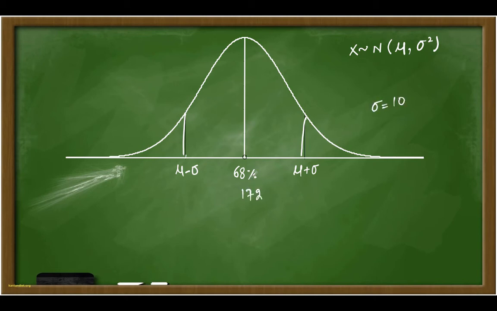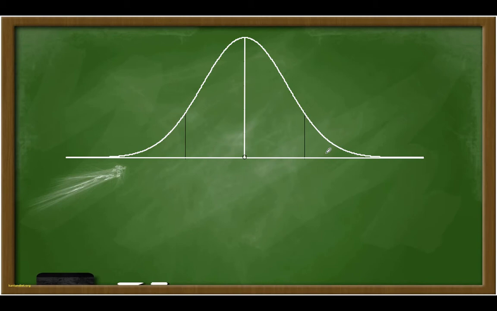If the data is normally distributed, 68% of the data will lie between 172 minus 10, which is 162, and 172 plus 10, which is 182. So we say that 68% of heights are between 162 and 182.